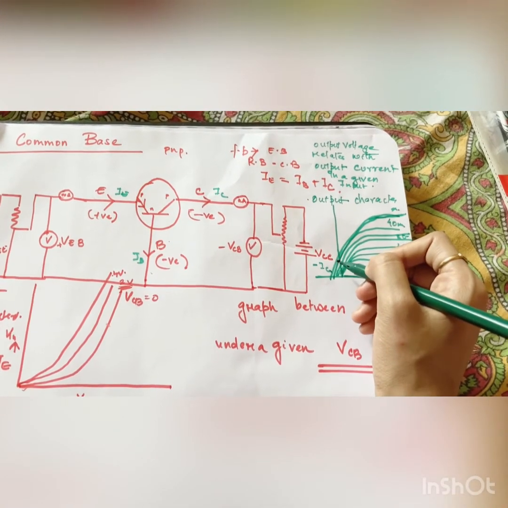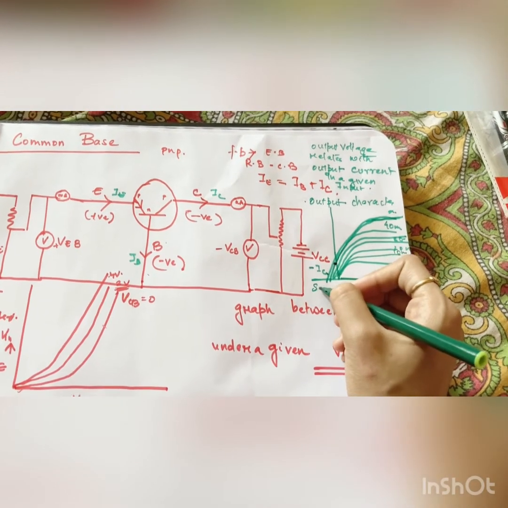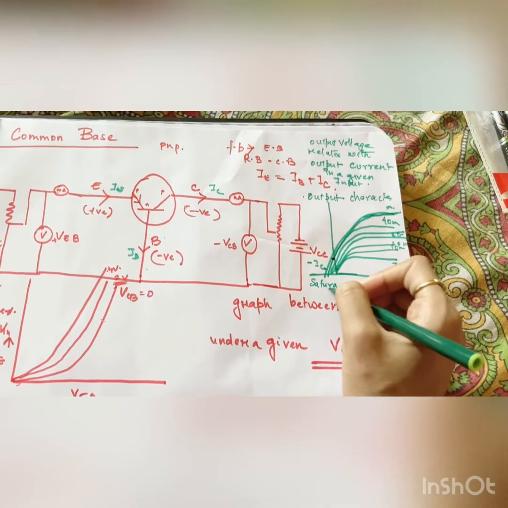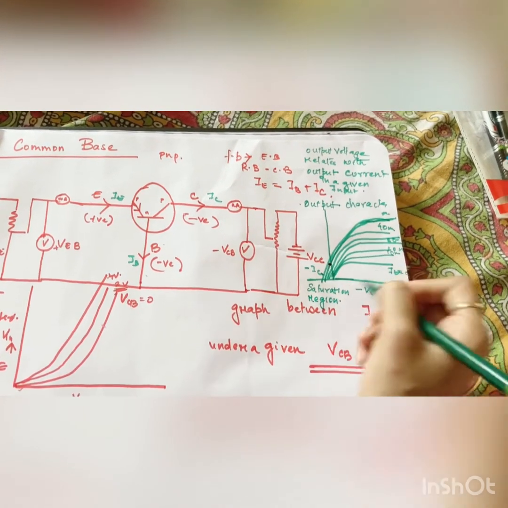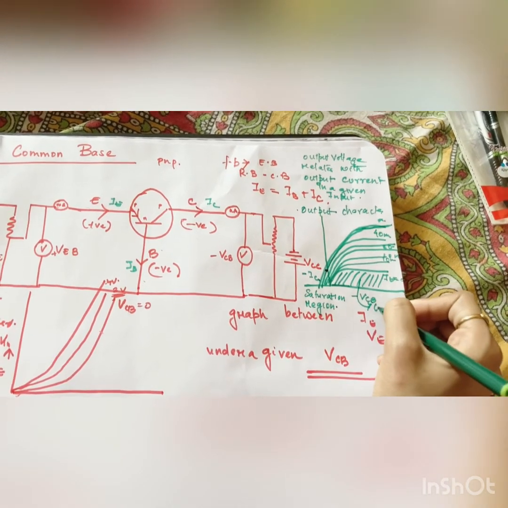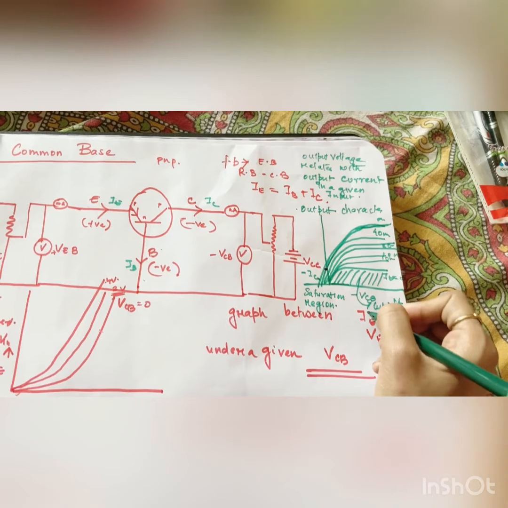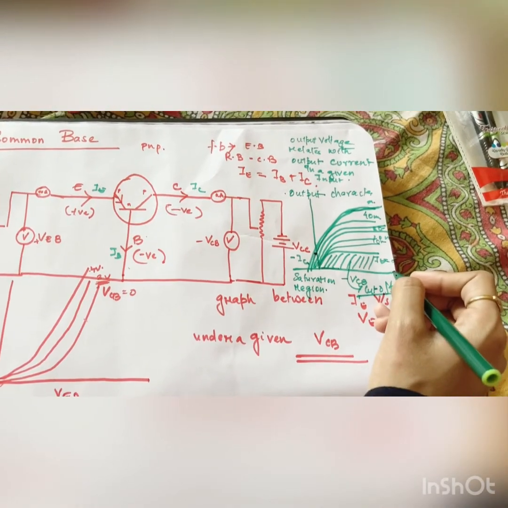And this region, where the curve decreases, is said to be the saturation region. Then this region is said to be the cutoff region, where IE equals 0.